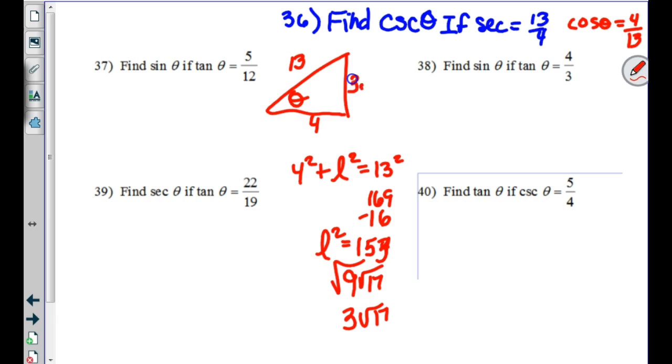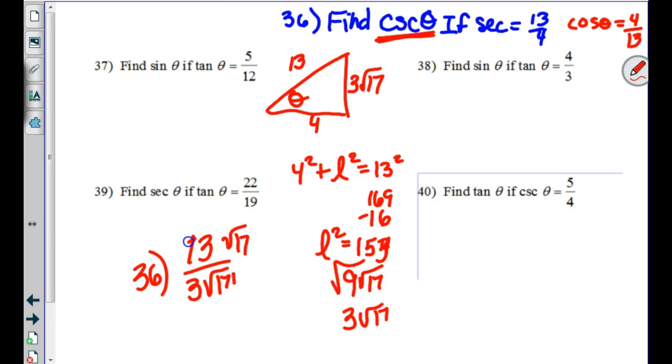That's lovely. And then it wanted actually the cosecant, you said, which would be the flip of sine. So it would be hypotenuse over opposite. Lovely. 13 over 3 square roots of 17. 13 square roots of 17 over 51.